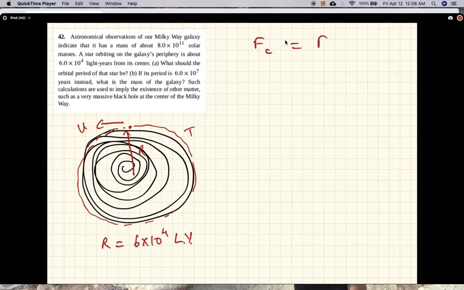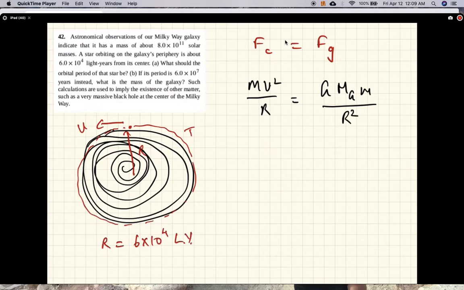Now as the star goes around at a velocity v, the centripetal force is provided by the gravitational force, and all the stars within the orbital radius contribute to gravity, which is 800 billion stars. So let's put all this together. mv squared by r is equal to G times the mass of the galaxy times the mass of the star divided by r squared.